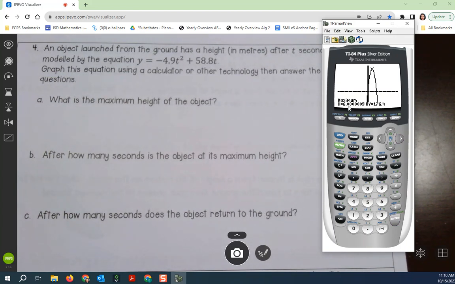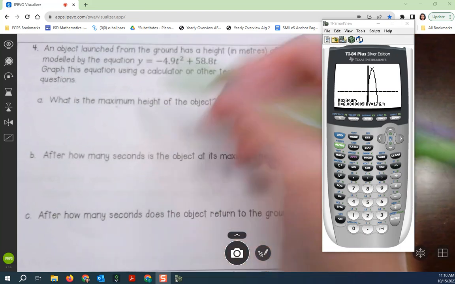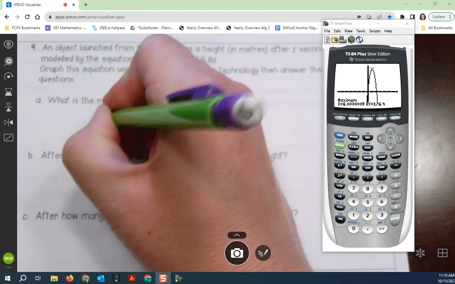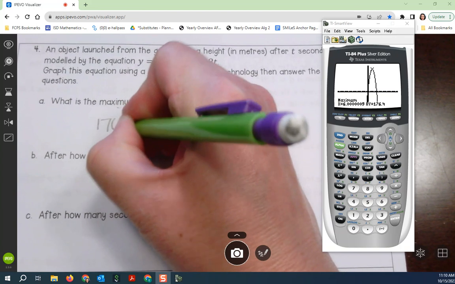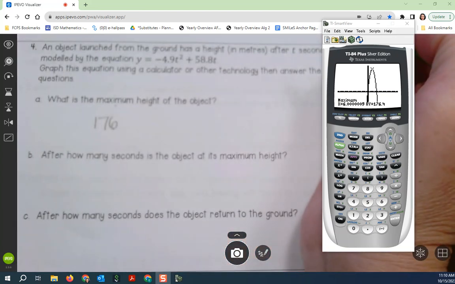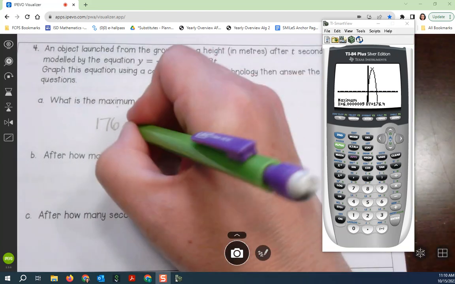This one should be 6. This one, though, does look like it's going to be 176.4. So rounding to 3 sig figs, the maximum height would be the y value, which is 176, and 3 sig figs, we'll just leave it that. And what's our unit? Meters.